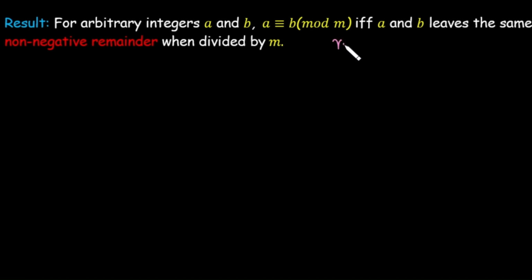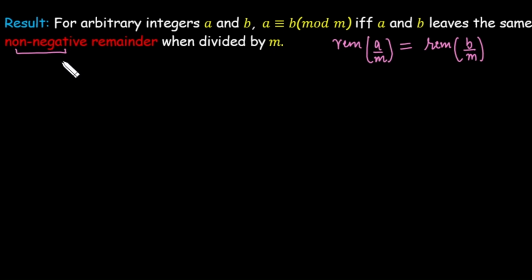Means when we divide a by m, find the remainder, and find the remainder when b is divided by m. In case the remainders are the same, it means A is congruent to B under the modulo M. And make sure we are working with the remainder and it should be non-negative, means positive remainders.